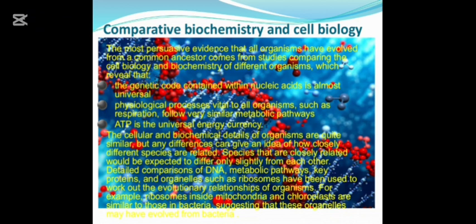For example, ribosomes inside the mitochondria and chloroplasts are similar to those in bacteria, suggesting that these organelles existed in bacteria, and that humans at a certain point in time evolved from these microorganisms.